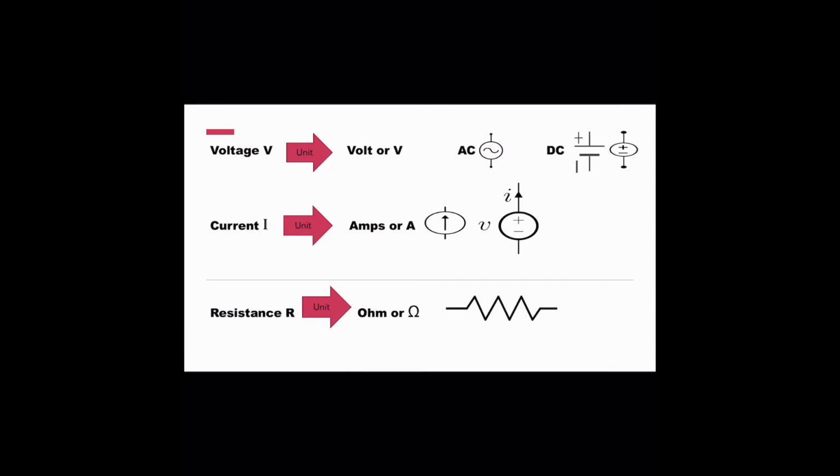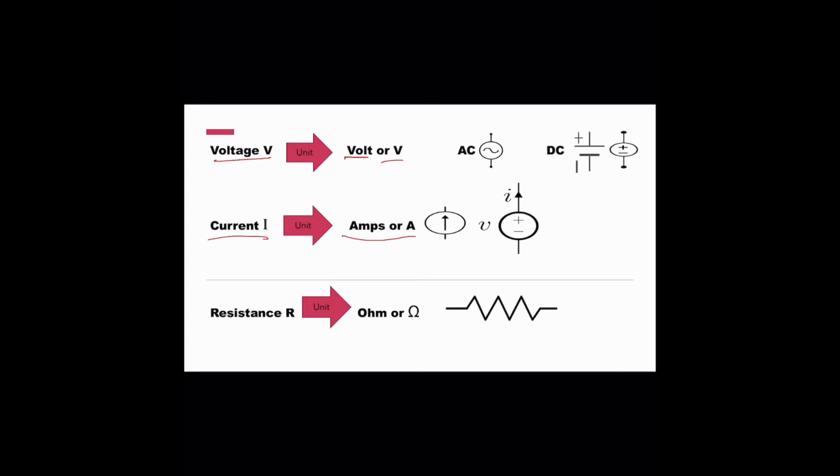Speaking of the circuit components, in the beginning we have voltage, V, and the unit for it is volt, or V. It comes as either alternating current or direct current. Secondly, we have current, I, and the unit for it is amps.